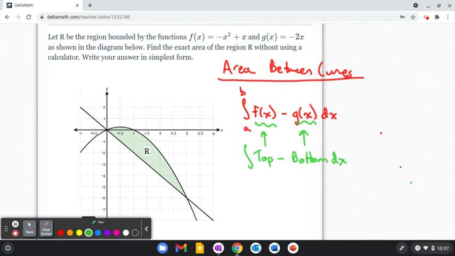Now the only other part that wasn't covered that thoroughly in the video was where these a's and b's come from. The a's and the b's are the points of intersection.